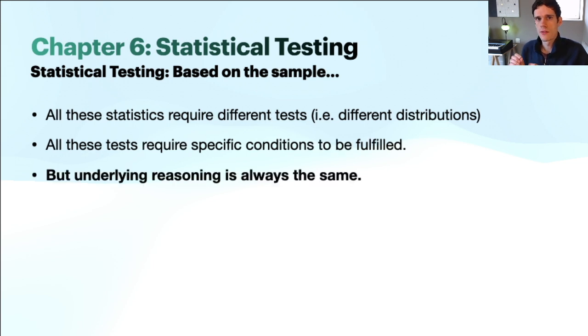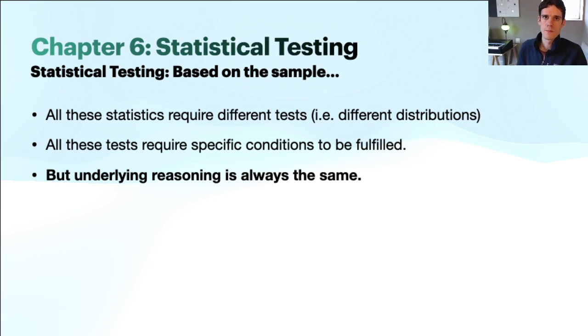But what is very important to realize is that even though we have different statistical tests and thus different underlying distributions to compare our observed sample statistic with, what remains the same for all of these tests is the underlying reasoning, which is why it is very good that we already covered this underlying reasoning in great detail in this chapter. In the following lessons, we will devote each lesson to a different statistical test.